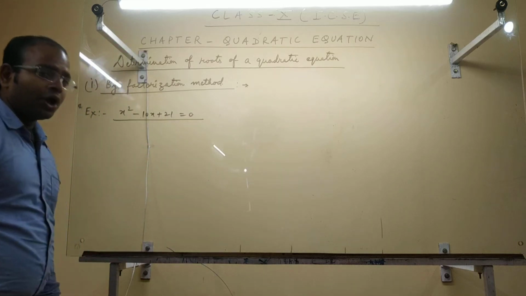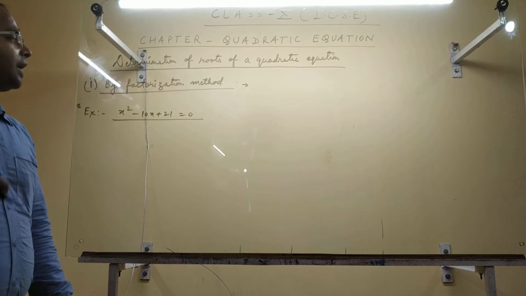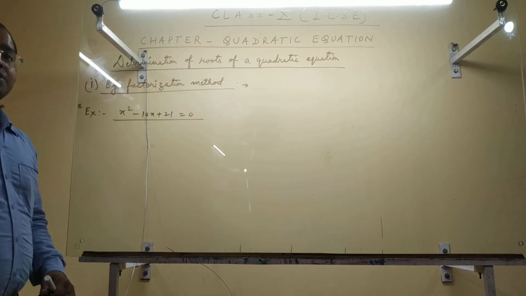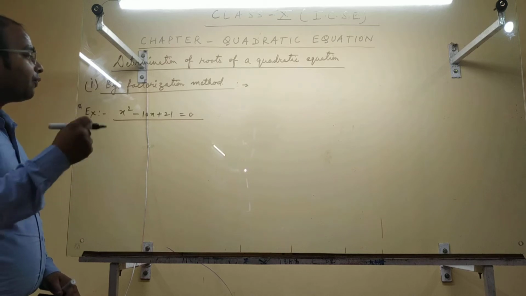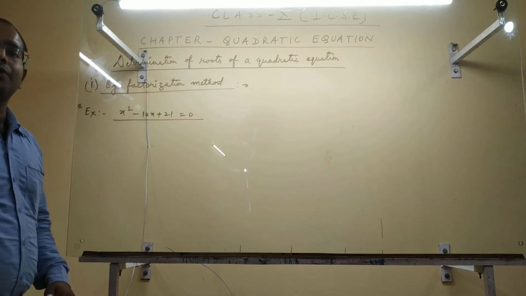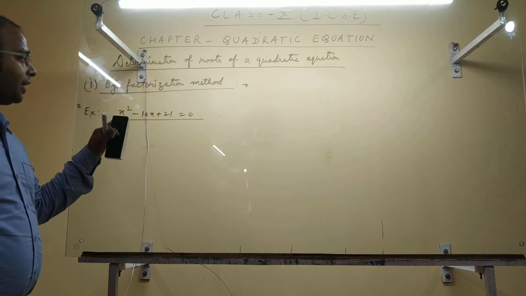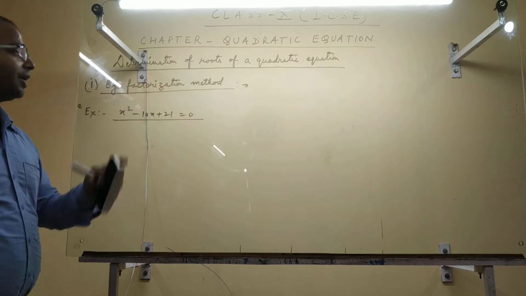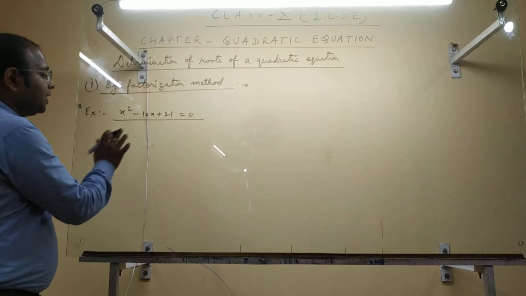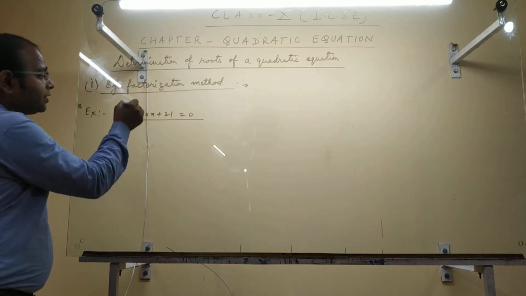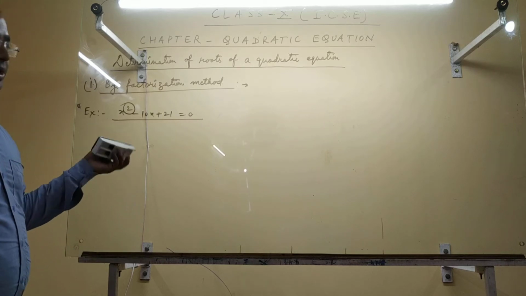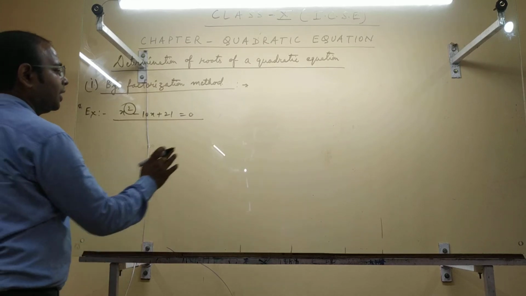Before we directly start our process to find the roots of the quadratic equation, first we should think for 1 second whether the given expression is a quadratic equation or not. By looking at the polynomial, we can say that this must be a quadratic equation, because here we have a variable whose highest power, or degree, is equal to 2, and the x square term exists here. That's why it is a quadratic equation.